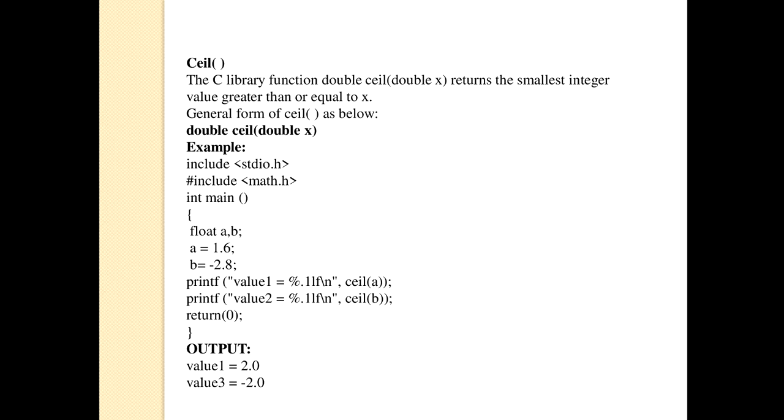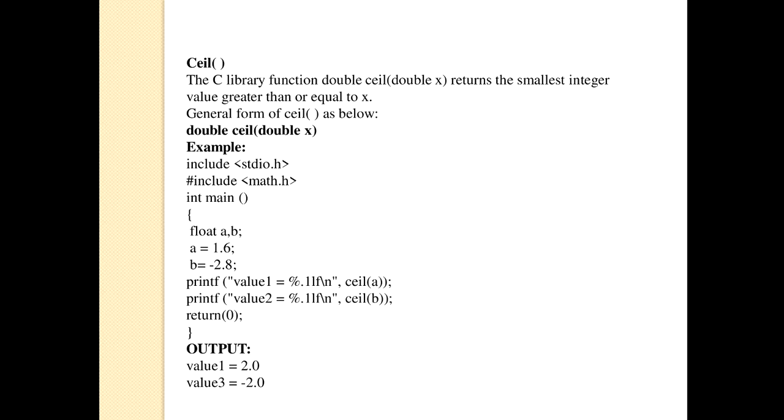In the following example, I have taken two variables a and b of data type float and assigned values. The first value 1.6 is assigned to the variable a, and after that I use printf with %.1f and ceil of a.